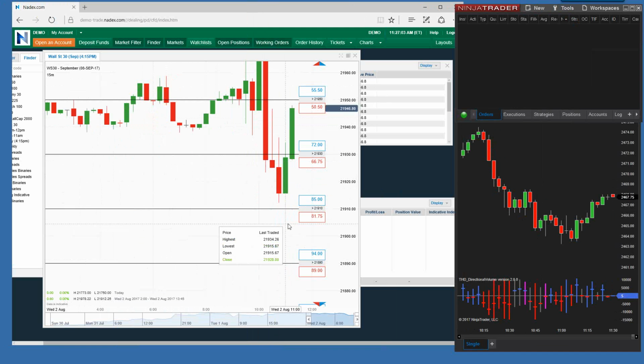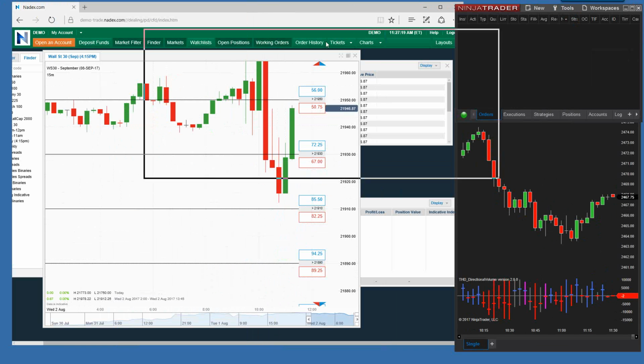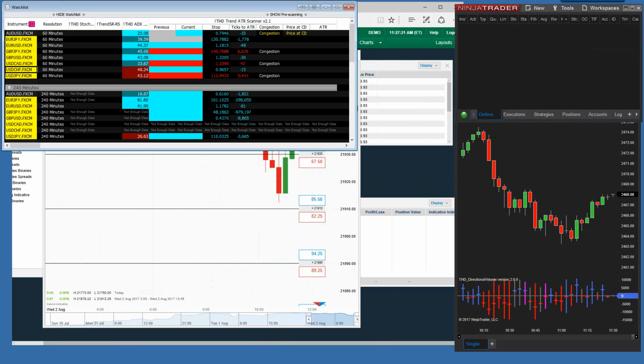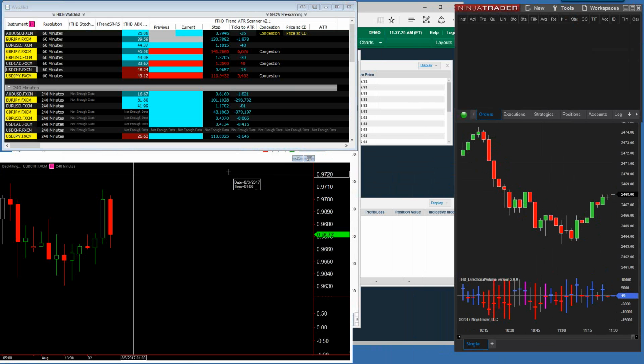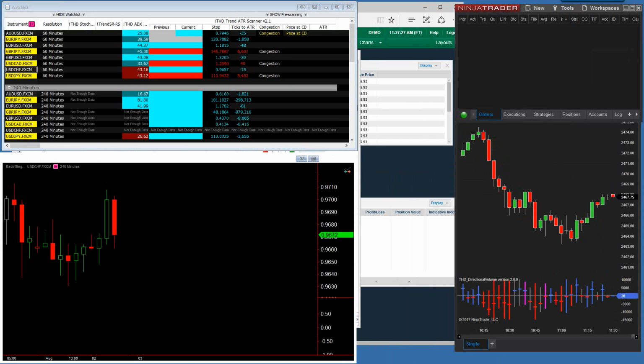And then it depends also on how many screens you have. I'm running off of 6 screens, okay? So generally, I'm going to have MultiCharts on one, NinjaTrader on one or two of them, and then Nadex on another one.